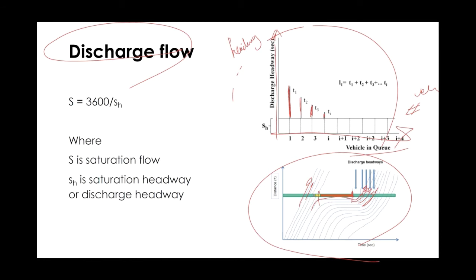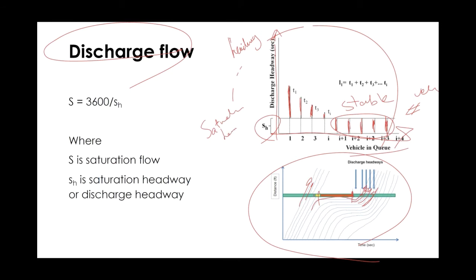After the first few vehicles move, we see a more stable pattern in the headways, where headways remain roughly the same for the next couple of vehicles until there's no demand. This stable headway, which remains the same after the first few vehicles, is what we call saturation headway.